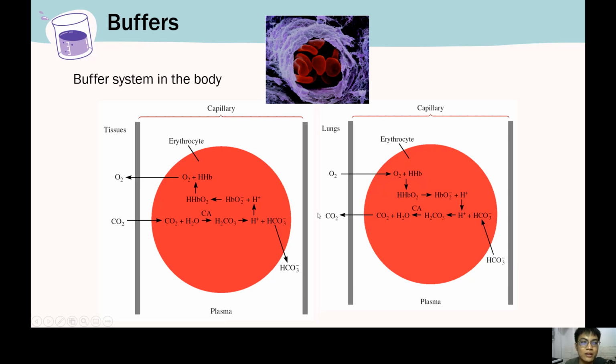But when we release our carbon dioxide, it doesn't become acidic, and its pH rises a bit.